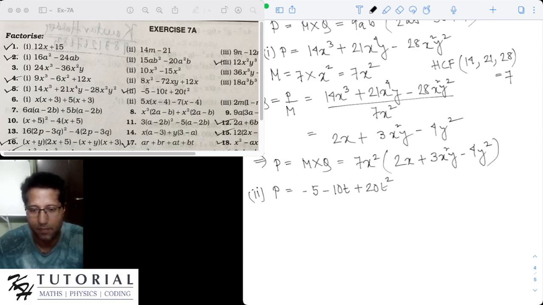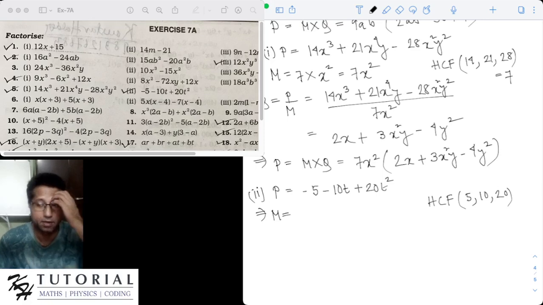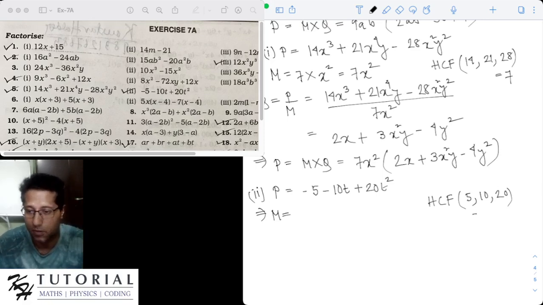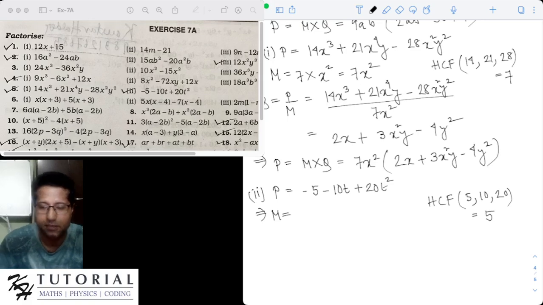So we see that m will be the highest common factor of all the coefficients of all the terms, ignoring the sign, that is 5, 10 and 20. HCF of 5, 10 and 20 is 5, and hence the common factor will be only 5.